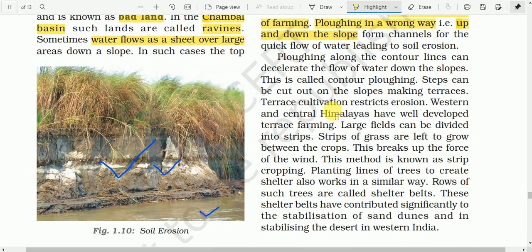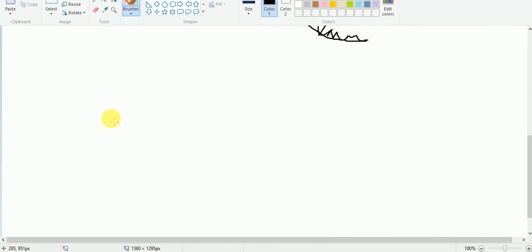So in the last paragraph you will find these methods of conservation. How can we check the soil erosion? Ploughing along the contour line can decelerate the flow of water down the slope, and this is called contour ploughing. As I told you, first we have to make terraces in this way.